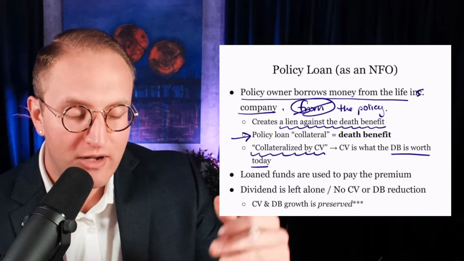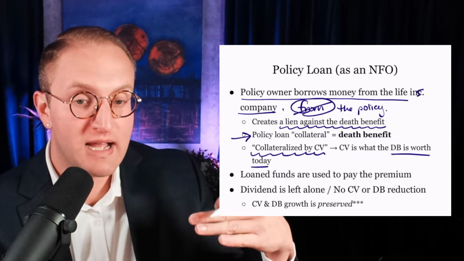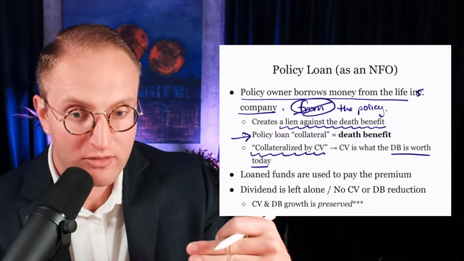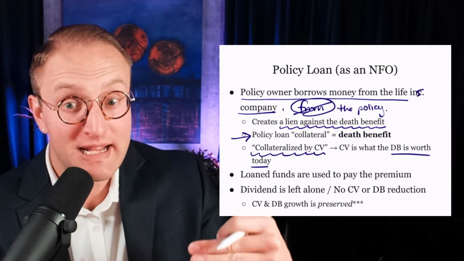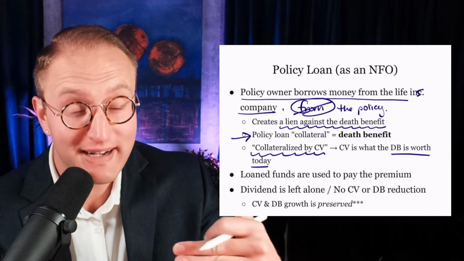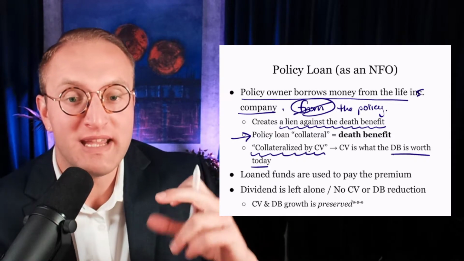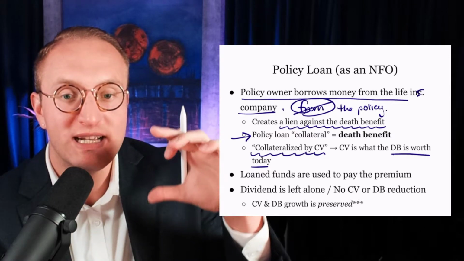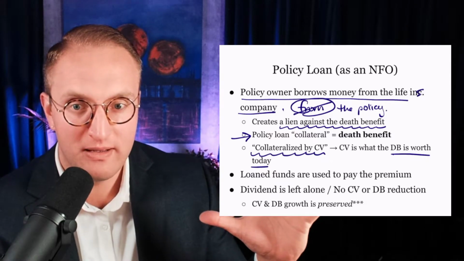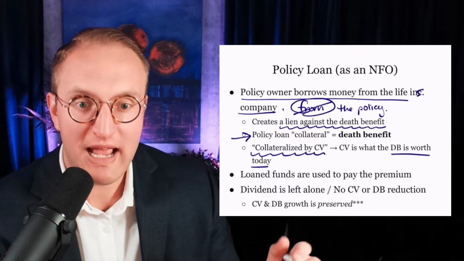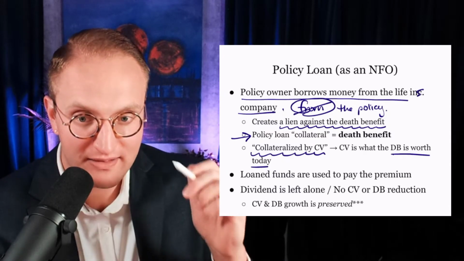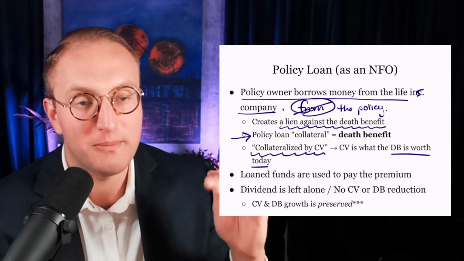The collateral on a home equity line of credit is not the equity in the home. The collateral on a home equity line of credit is the home, right? It's the thing. The equity in the home just tells you the extent of your ownership in the home. And that's what the company's willing to lend against. Right? That's the value of the home that the company's willing to lend.